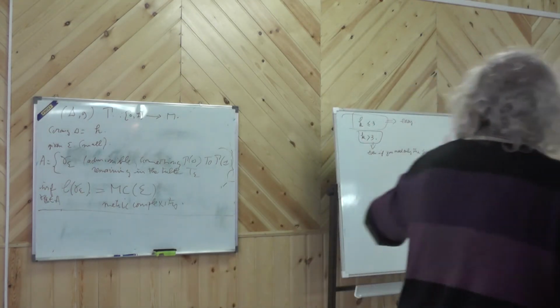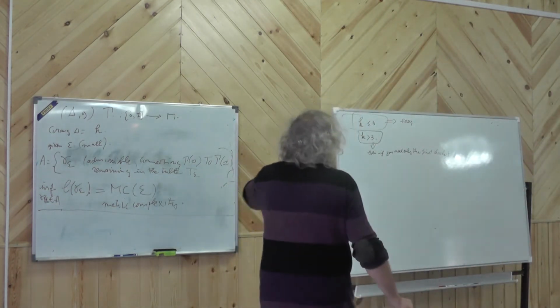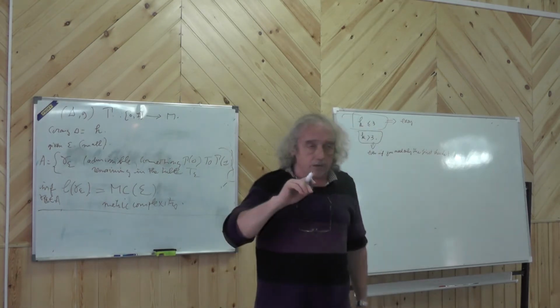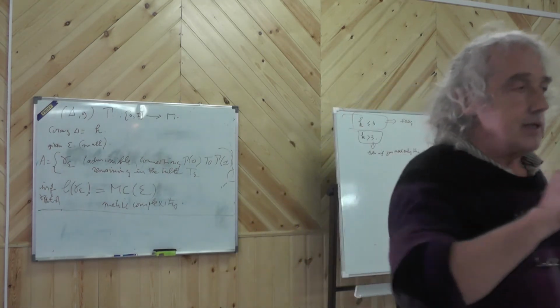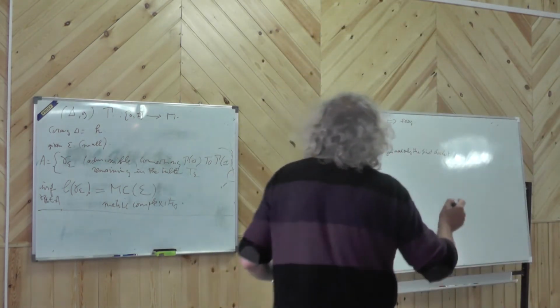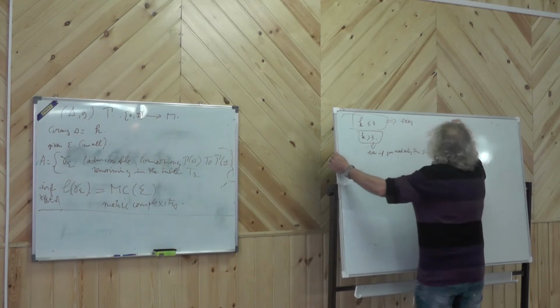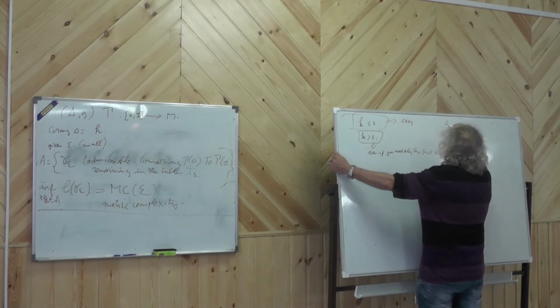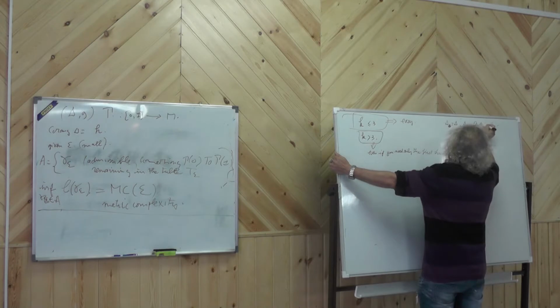What do I mean by this? I mean, as I told you last time, you have a flag of distributions that starts from delta, delta 1 equals delta 0 equals delta, and delta k plus 1 equals delta k plus brackets.